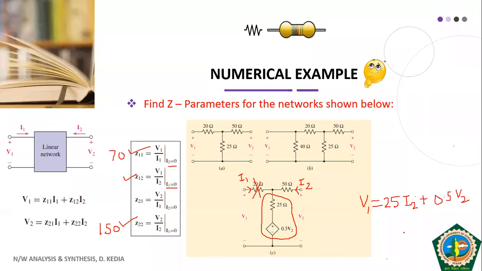And we need the ratio of V1 and I2. So we need to eliminate V2. How can we eliminate V2? We will have to write the equation for V2 again, the KVL equation. So your V2 will come out to be how much?